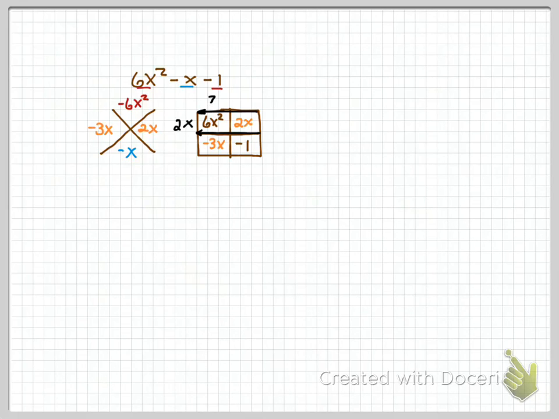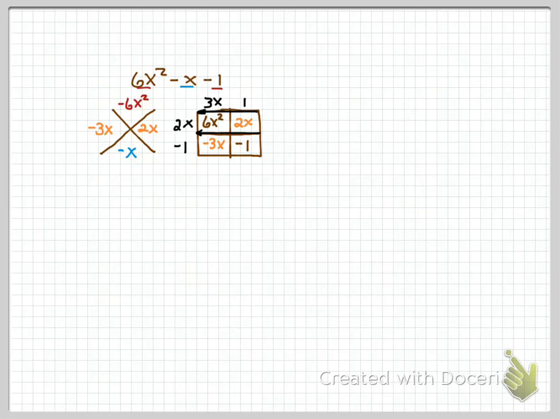Well, I think that is going to be a 3x. 2x times something equals 2x. Well, I think that's just going to be a 1. 3x times something here is going to equal negative 3x. I think that's a negative 1.